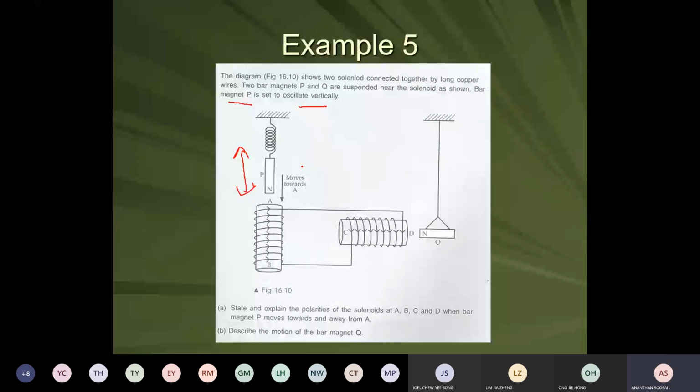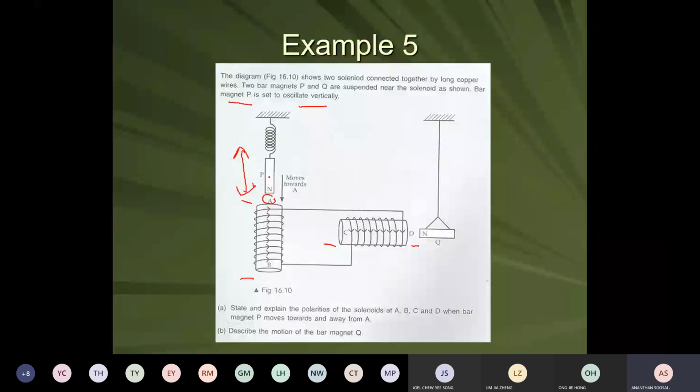First moving towards. When P is moving towards, what will the polarity of A and D be? First A. When the magnet goes down, north pole, A will be what pole? A should oppose this movement, right?